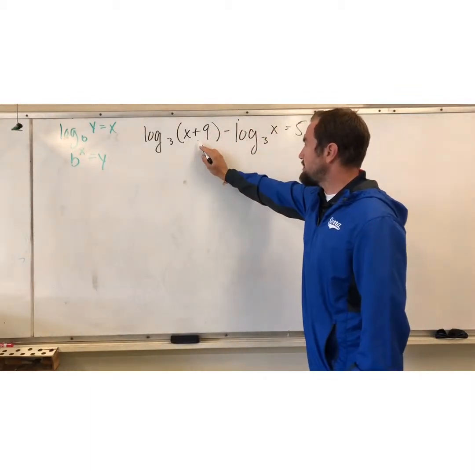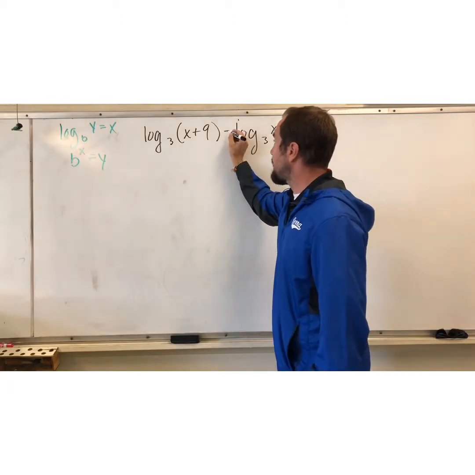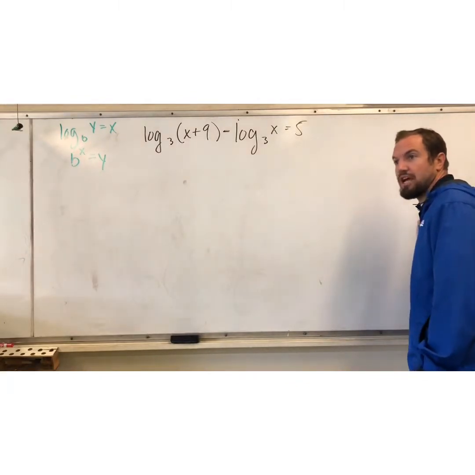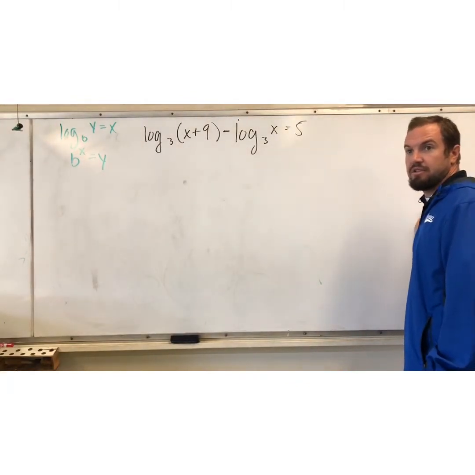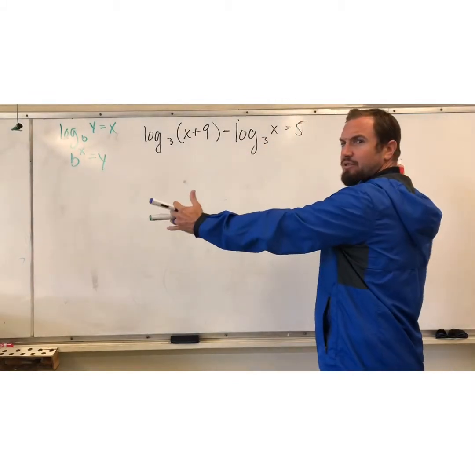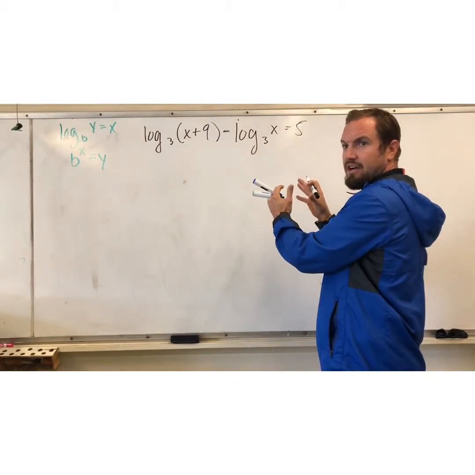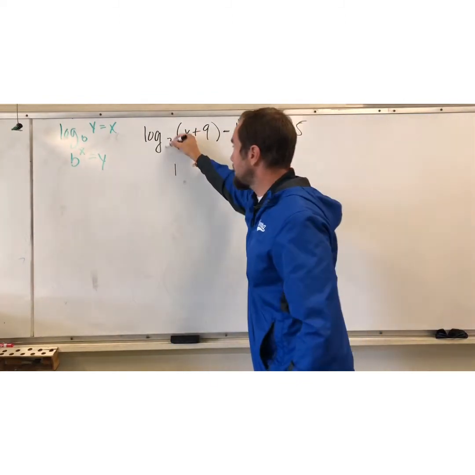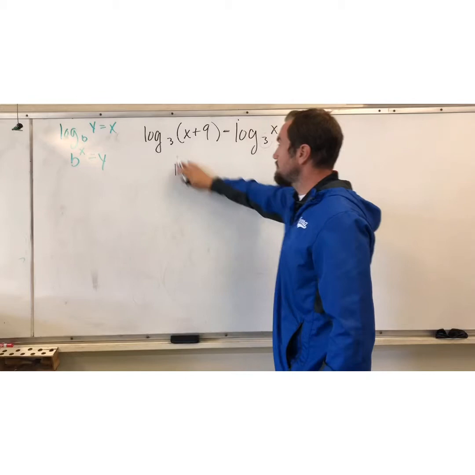Well, the key piece here is I know I have to use one of my properties. And what property is associated with subtraction when dealing with logarithms? Quotient. So I can actually expand or contract this logarithm, and the reason I can do that is because my bases here are the same.